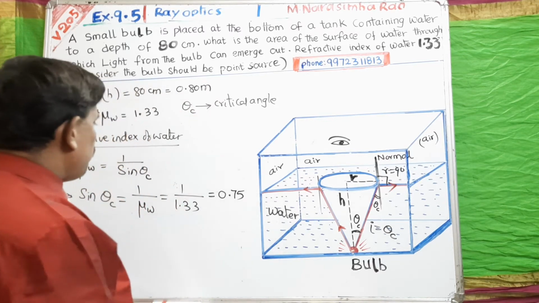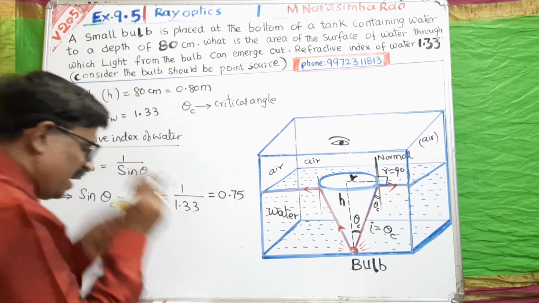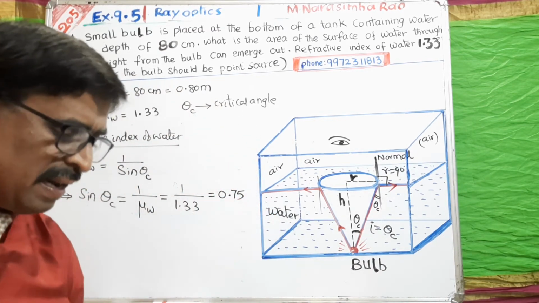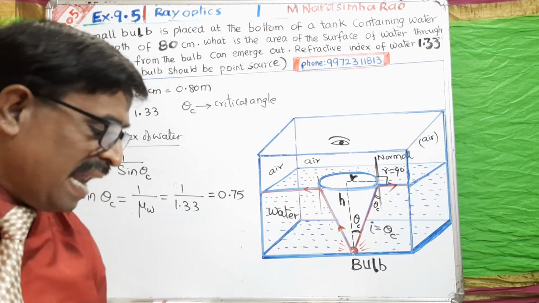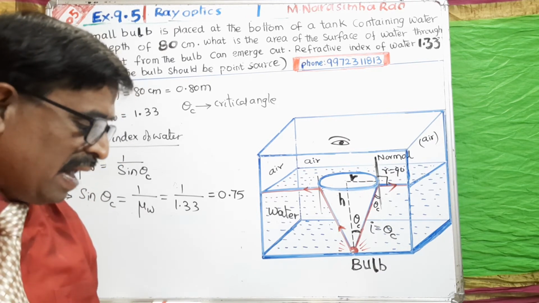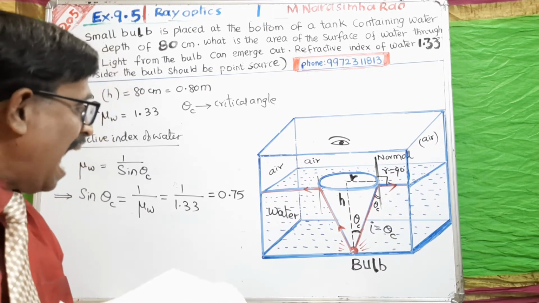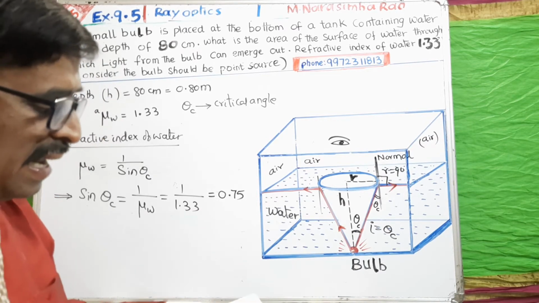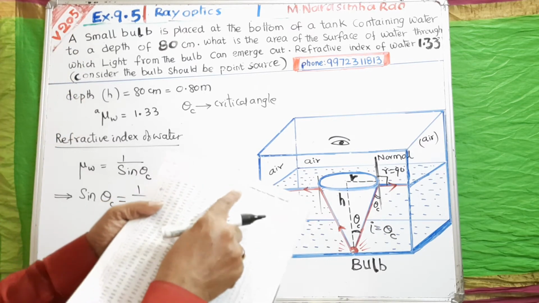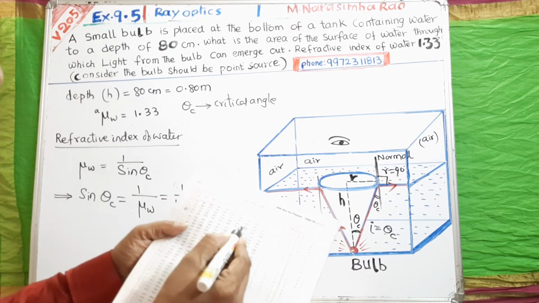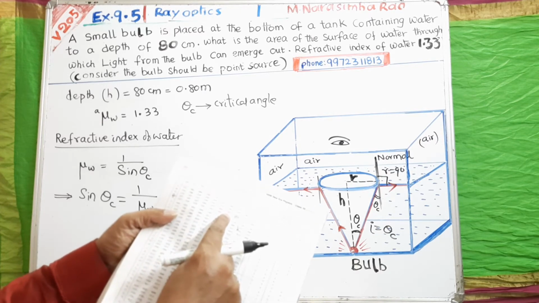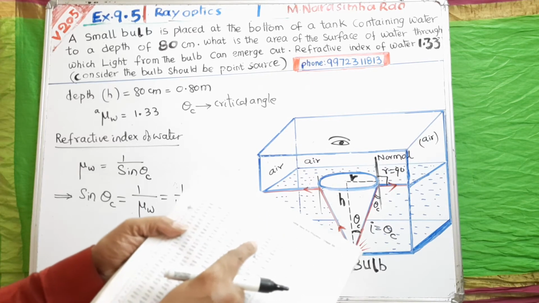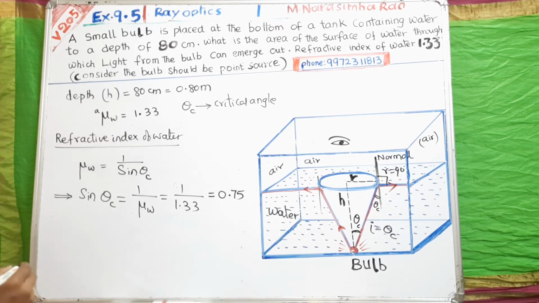Now please listen. In the logarithm book, go through the natural sine table. For 0.75, in the logarithm book, the natural sine is nothing but 48 degree 36 minute.